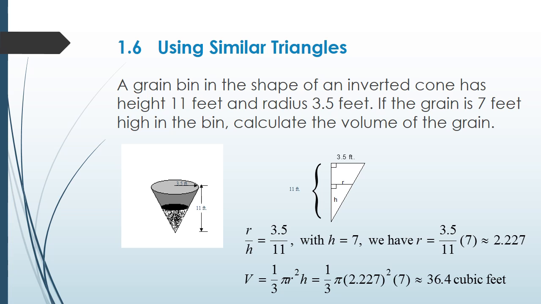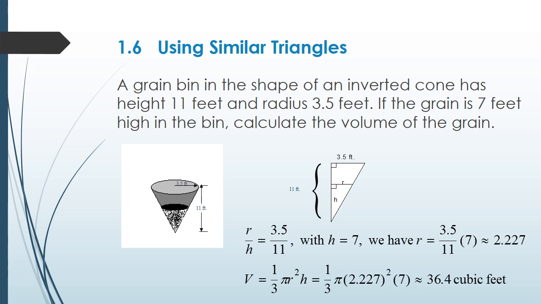Okay, so we've set up a ratio here. The ratio of the radius of the large cone to the height of the large cone or triangle is 3.5 over 11. Now we want to compare that to the radius for the small cone or triangle to the height of the small cone, which is 7.